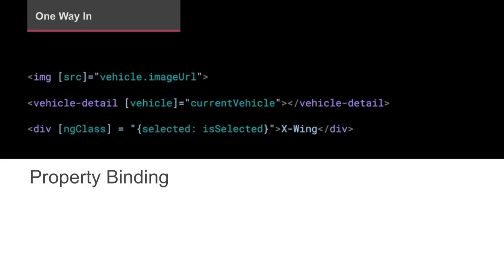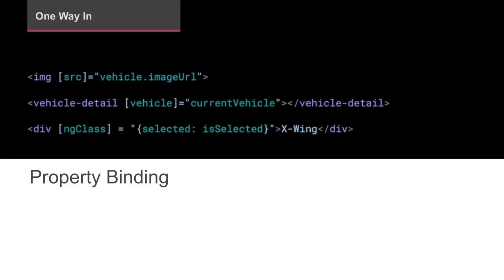So I say up top, take the vehicle's image URL, which is in my component, and whatever that happens to be, go ahead and set it to the image's source property. And you do not need to worry about using any special directives like you did in Angular 1 to do this. You can take any HTML5 property and you can bind to it. You think about that, that's really powerful because anytime HTML changes, we can bind to this.